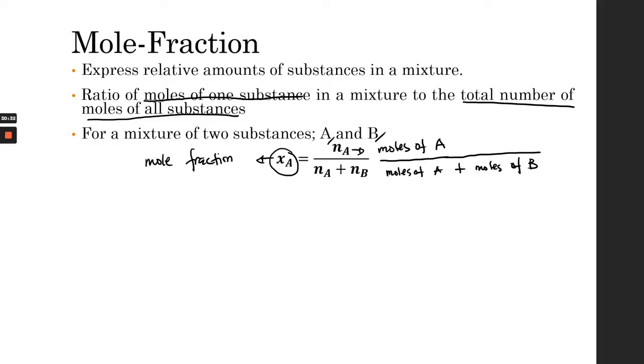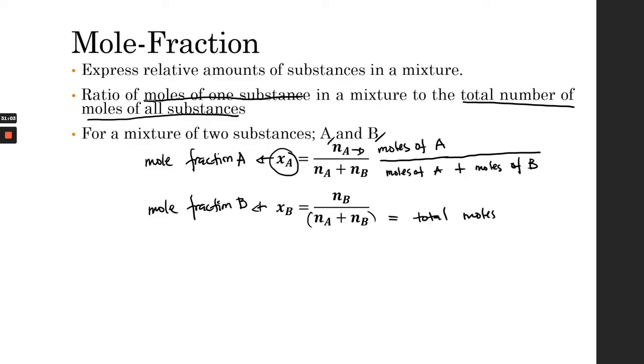This is the mole fraction for A. What else you want to do, this is for two substances, is you have X plus B. So if you want to get the mole fraction for substance B, you have to get the moles of B and divide it again by the moles of A plus B. As you can see, moles of A plus B is basically the total moles present in the solution.